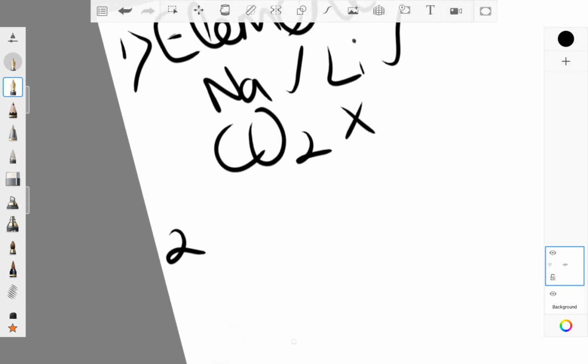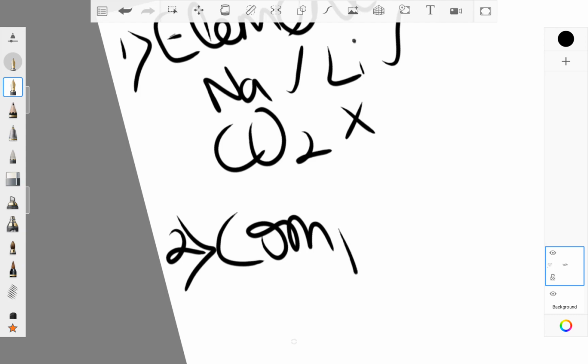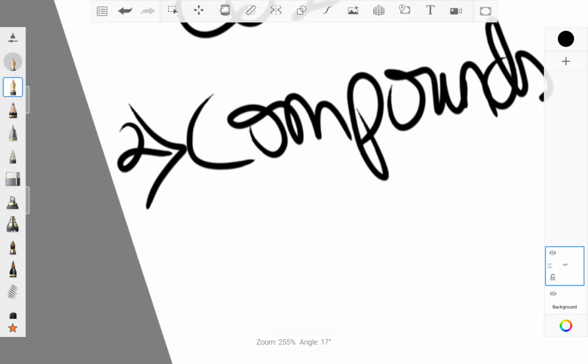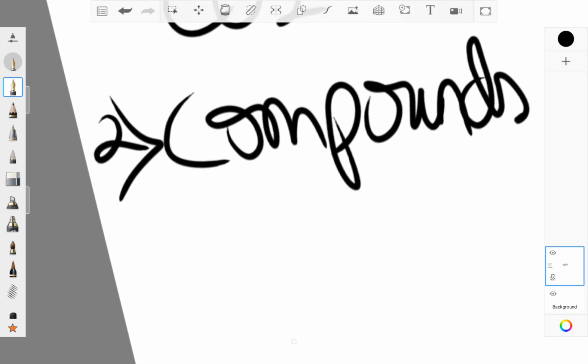In contrast to this, you have compounds. Compounds are made up of different kinds of elements that are bonded together. Let me write that down. Compounds are made of atoms of different elements that are bonded together.